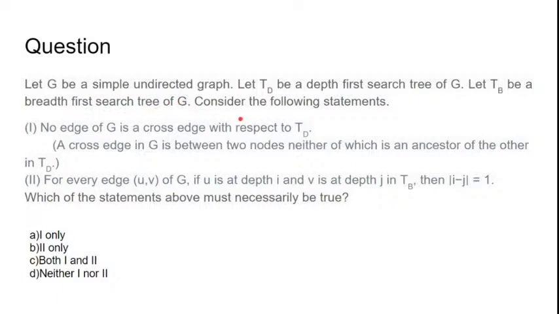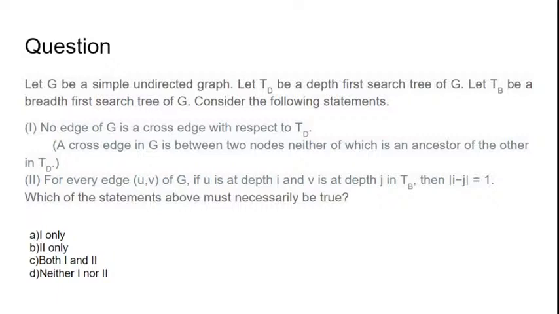Consider the following statements. So for an undirected graph, TD is the depth first search tree and TB the breadth first search tree of the graph G. Which of the statements do we need to consider?